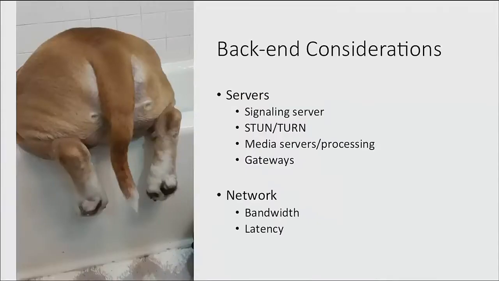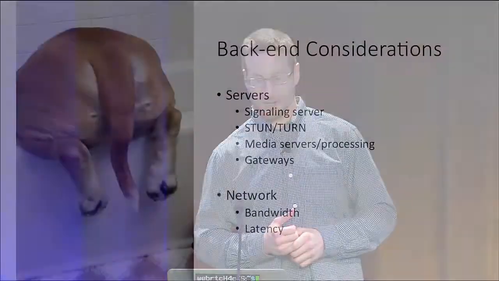And there's also a number of back-end considerations here. So I showed earlier the front-end JavaScript APIs, and you can get pretty far with WebRTC if you're just a front-end developer here. But as I mentioned earlier, in most cases, you're going to need some sort of signaling, right? I talked a little bit about that, interactive connectivity establishment, ICE, but as part of that protocol, there is a STUN and TURN server involved that you need in there.